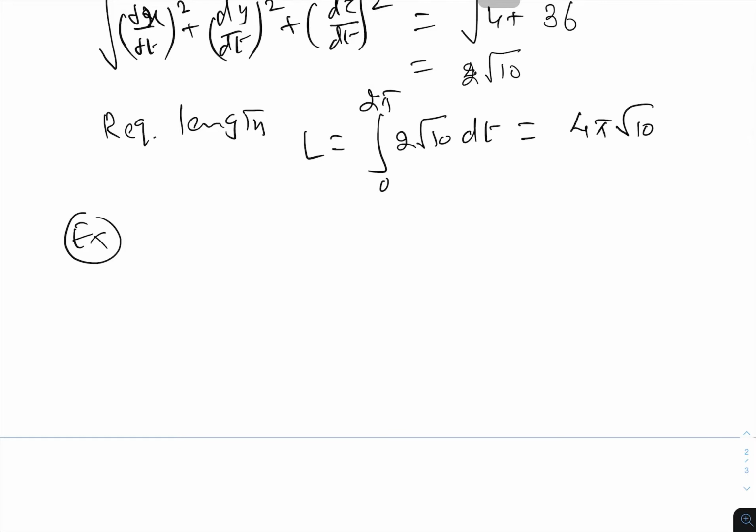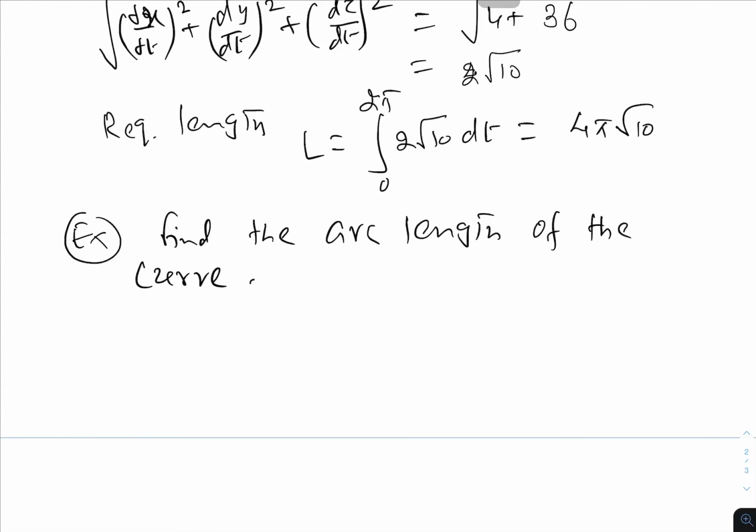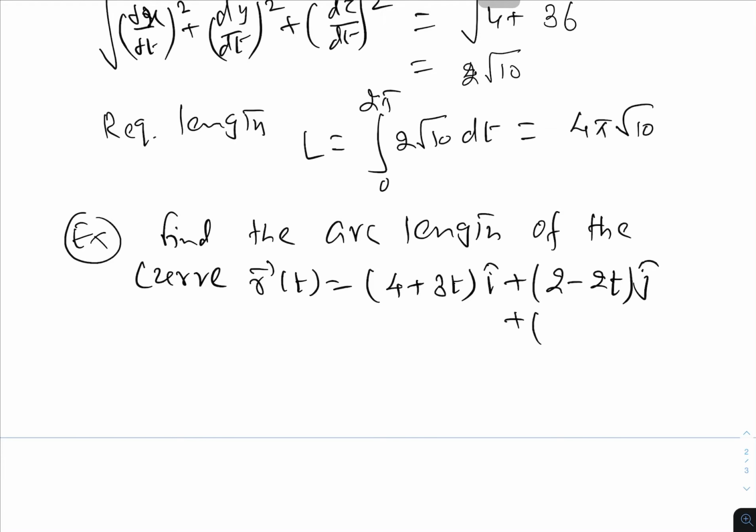Find the arc length of the curve, say r(t) equal to (4 plus 3t) i plus (2 minus 2t) j plus (5 plus t) k, and t is from 3 to 4.